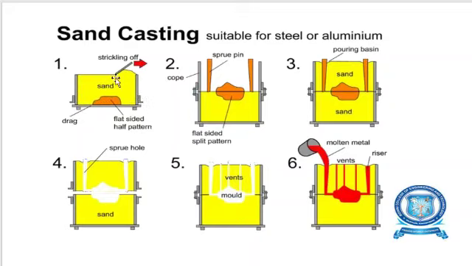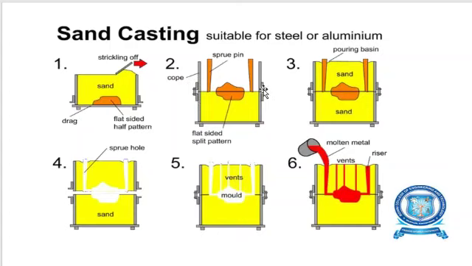The excess molding sand is removed with the help of striking off. The second step, the cope molding box is set on the drag molding box, and both molding boxes are locked with the help of dowel pins.